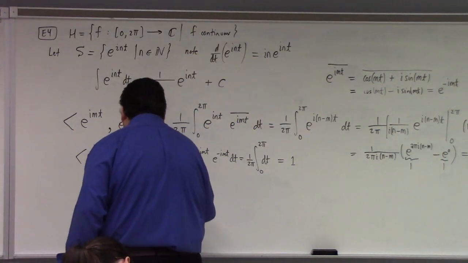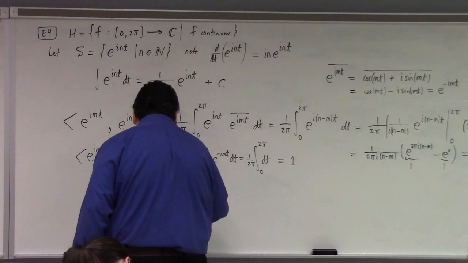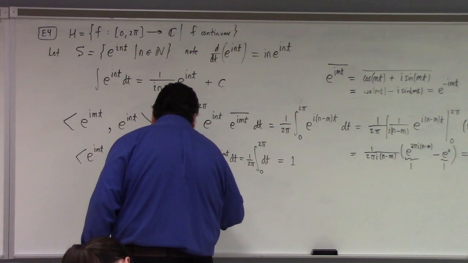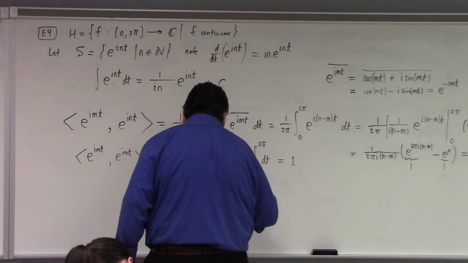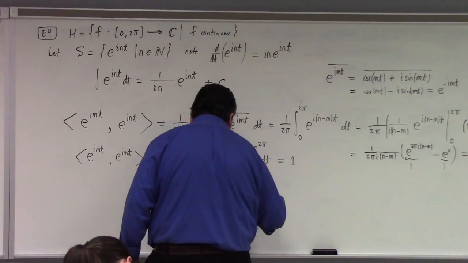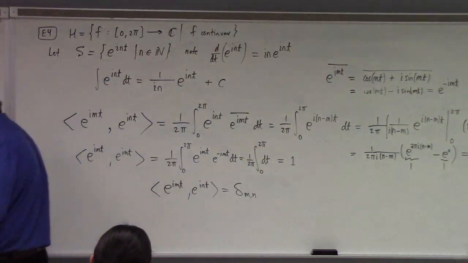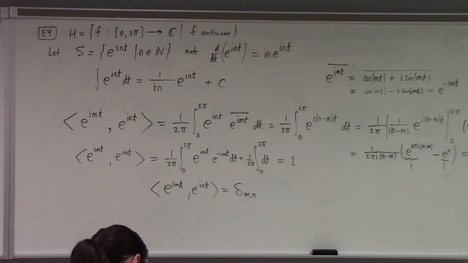So in summary, the inner product of e to the imt and e to the int is equal to the Kronecker delta mn. So S is, in fact, an orthonormal subset of H. All right? It is an orthonormal subset of H. Any questions? No? All right.